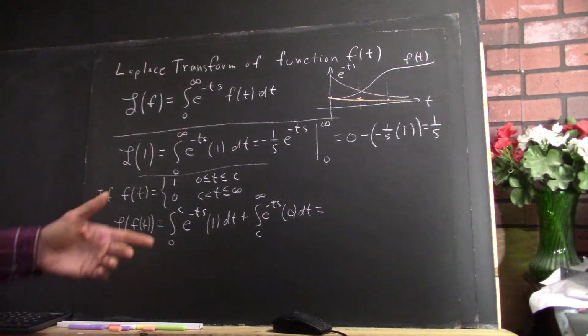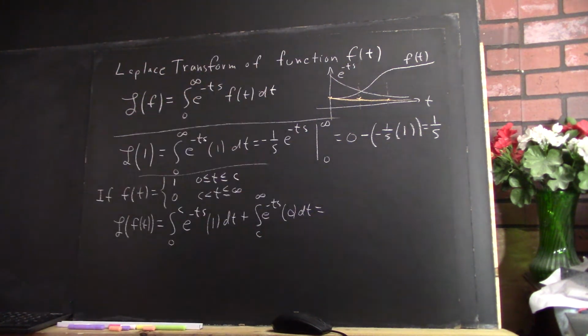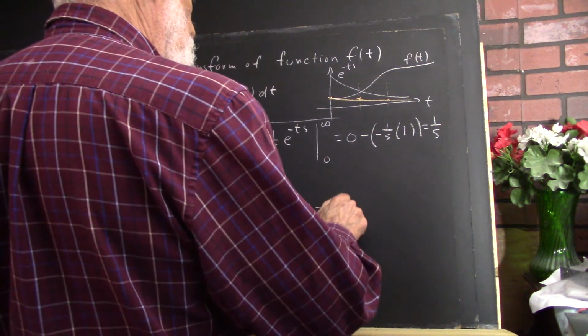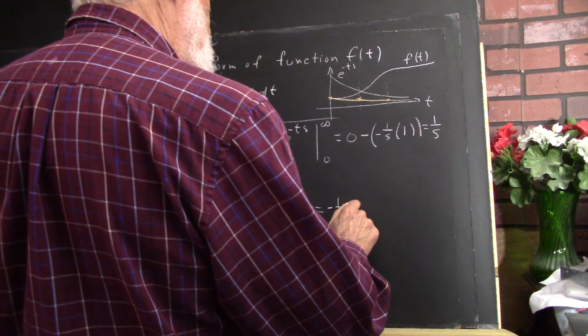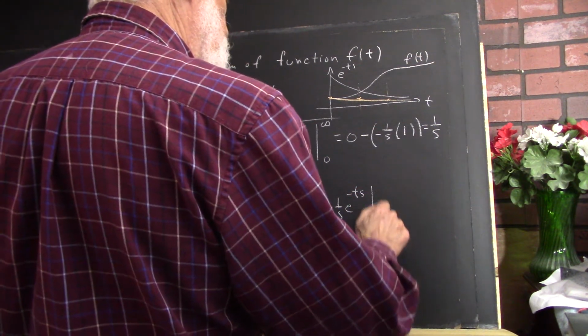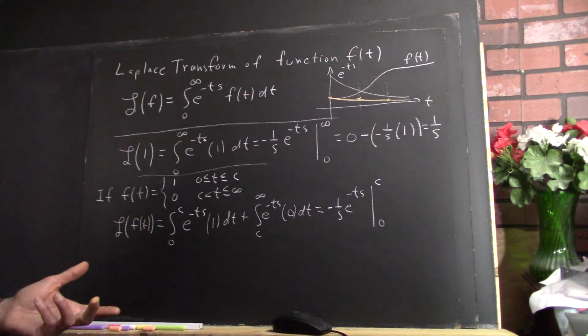Well, ultimately this is just going to be 0. It's not going to contribute anything. This is going to give you negative 1 over s e to the negative ts evaluated now not from 0 to infinity, but from 0 to c.